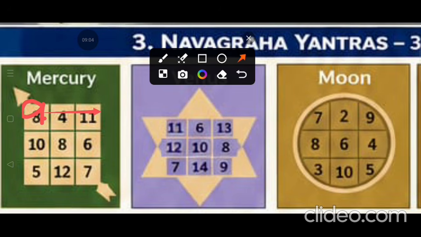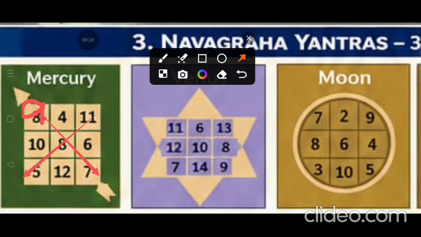In this way, if we add 9 plus 10 plus 5, 24. 4 plus 8 plus 12, 24. 11 plus 6 plus 7 is 24. So the sum in the diagonal is also 24. 11 plus 8 plus 5 is 24.